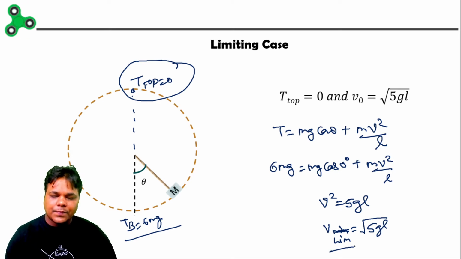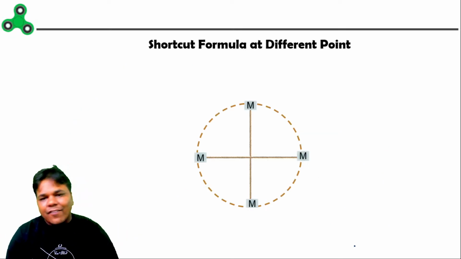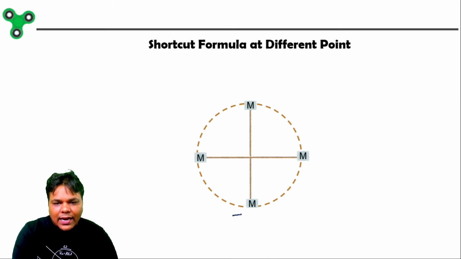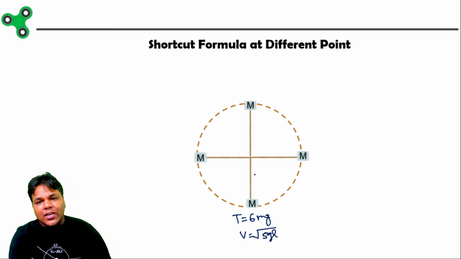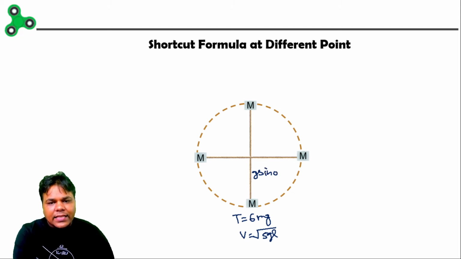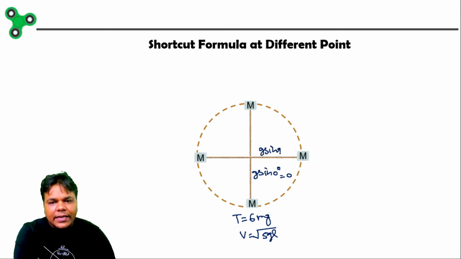Got it, guys? Now, we have some shortcut formulas at every point. How? Let's say tension is equal to 6 mg, velocity is equal to root 5gL. We already know the value of tangential acceleration. It is g sin 0 degree, that means 0. Here it is g sin 90 degree, that means g downward.